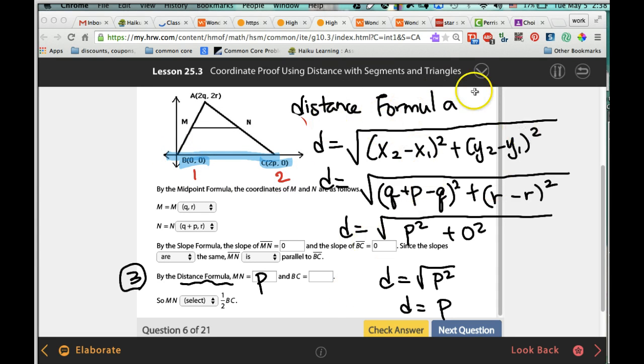So when you do the same thing that I showed you here, you'll find out that the distance for BC is 2P. So that proves that the length of MN is only half of BC, right? Because P is half of 2P. So MN is 1/2 of BC. Okay? And we are done.